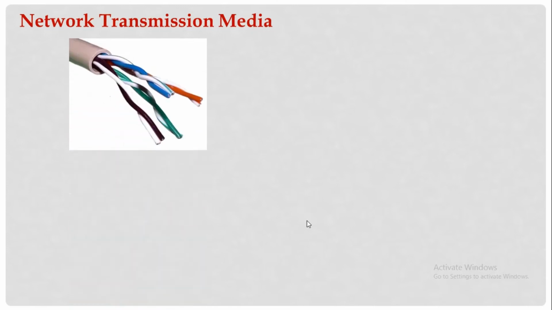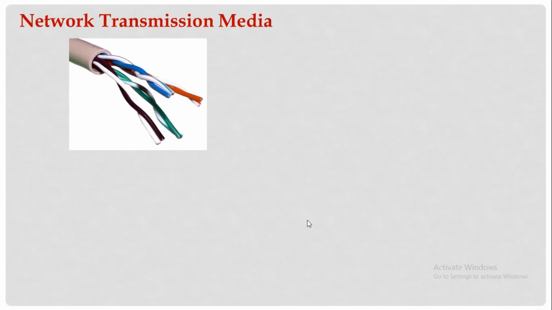Next is the network transmission media. First, the transmission can be done using a wired medium or a wireless medium. If you take a wired medium, two types of transmission media are present. One is using copper cable, and the second is using optical cables.